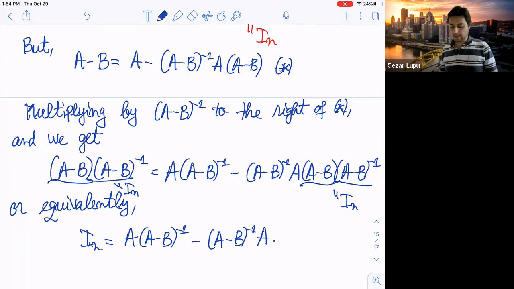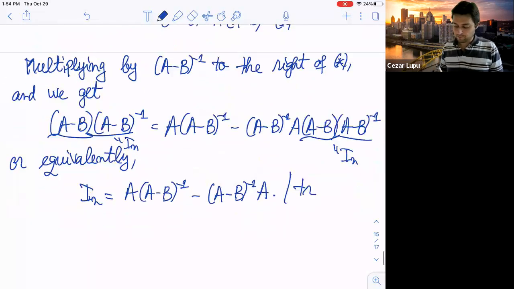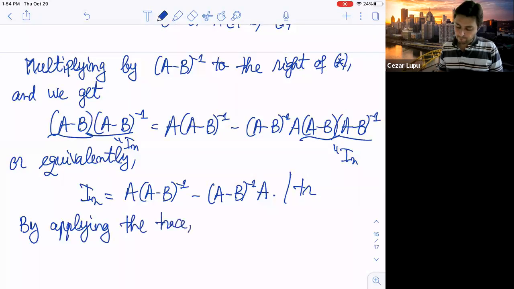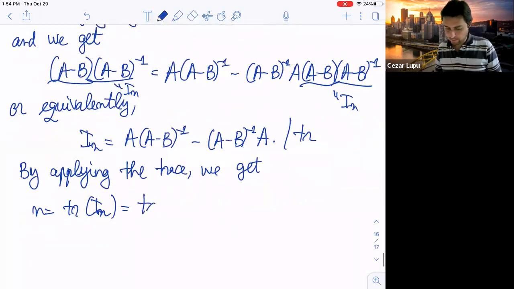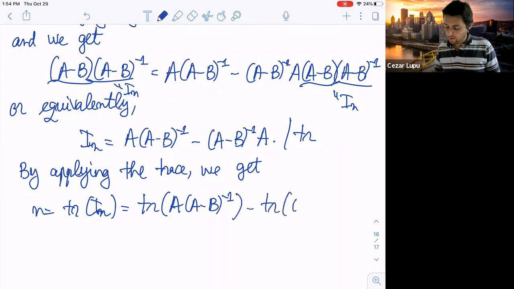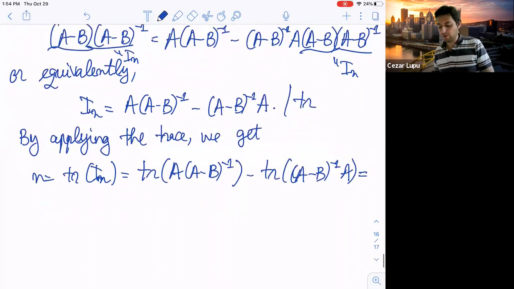And now guess what? I'm going to apply the trace. By applying the trace, we get N, which is the trace of the identity, is the same as the trace of A times A minus B inverse minus, using the linearity of the trace, the trace of A minus B inverse times A. But this gives you 0, since they commute, which is a contradiction.